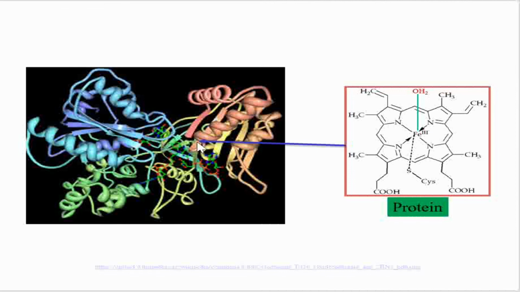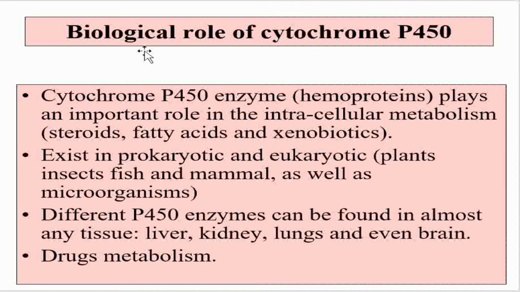Now in this structure you can see the diagram of cytochrome P450, where here is the heme portion, where the porphyrin ring and the iron center is there, and these helices are the helices of the protein molecule. So in whole, it is called cytochrome P450, that is a protein.